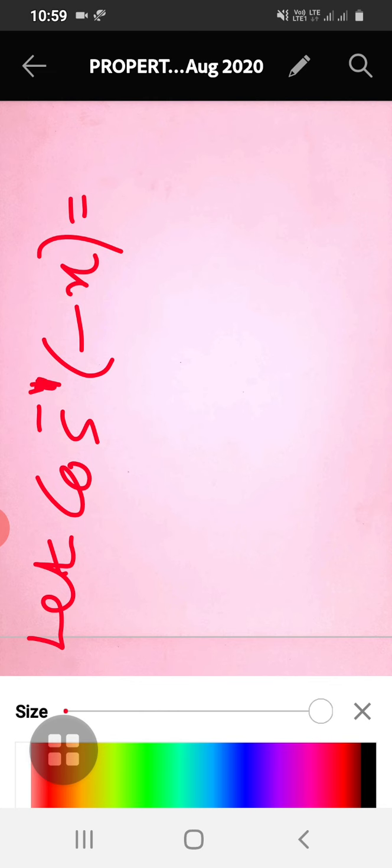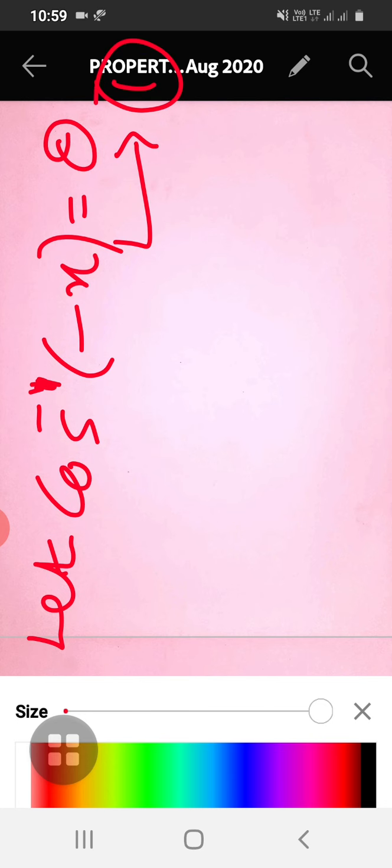Let cos inverse of minus x, I call this whole thing theta. You can take this as equation 1. I don't have space here, that's why I am writing here. Cos inverse of minus x is equal to theta.